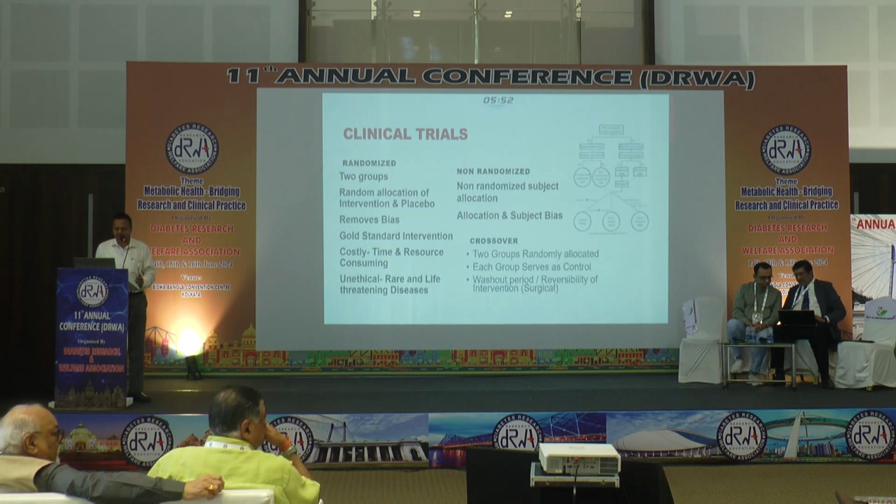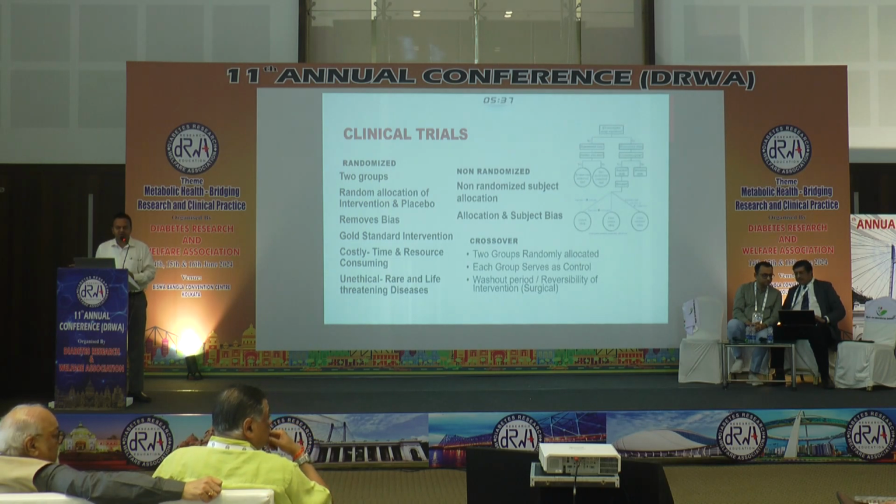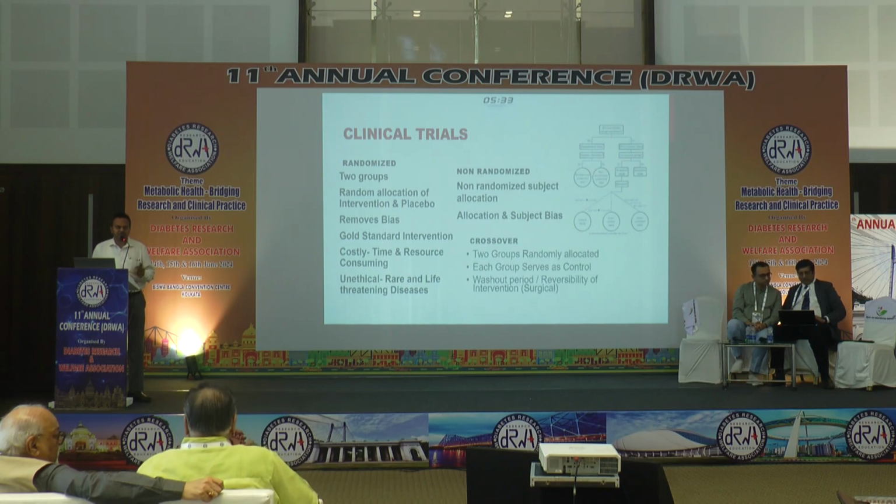So these are randomized and non-randomized trials, and there are crossover trials when the groups themselves become their own control. So a particular group is exposed for a period of time, let's say 1 month or 2 months, to the drug, and the other group is not exposed. Then after a washout period, the same group which was not exposed is exposed to the drug or the intervention.